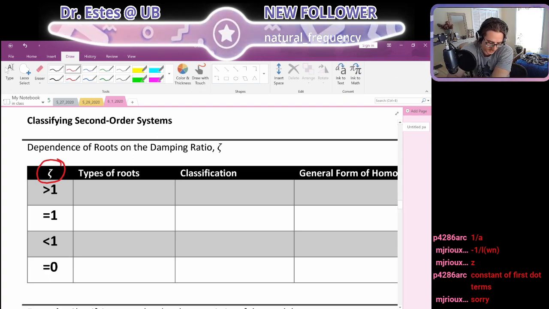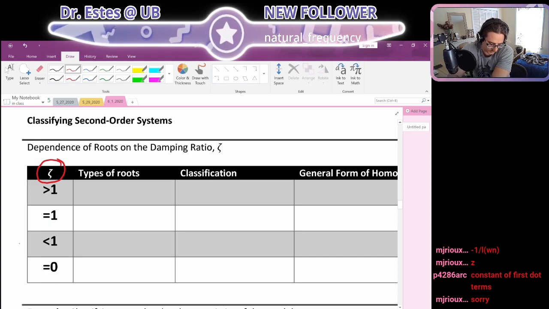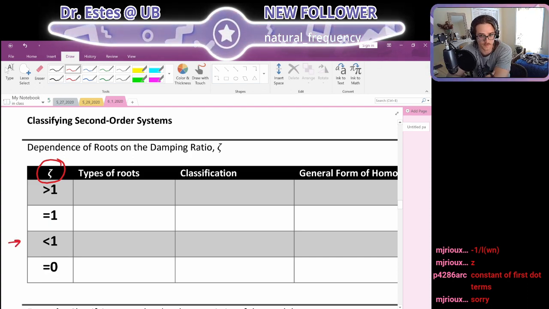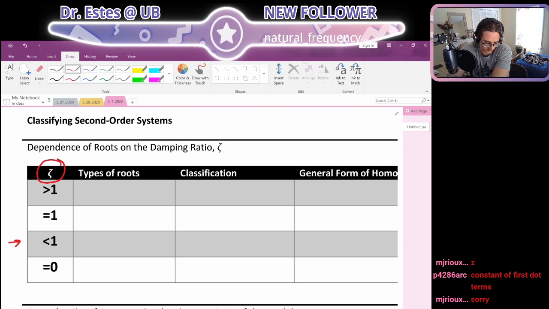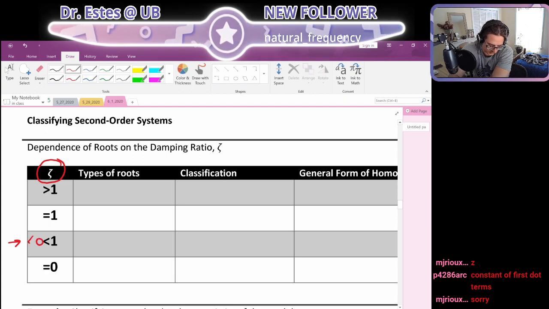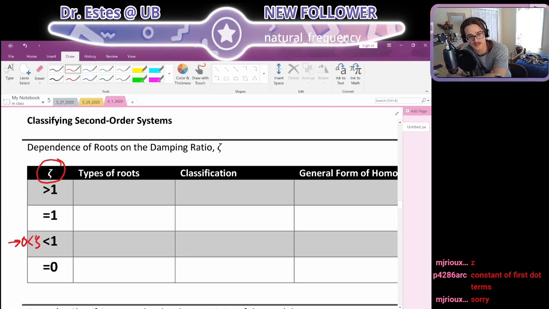So actually, let's start with this third one. So let's say that the damping ratio is less than 1, but I should put this in here too. The damping ratio will always be positive.